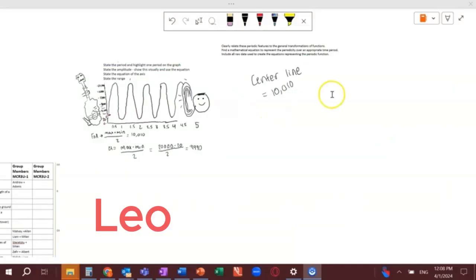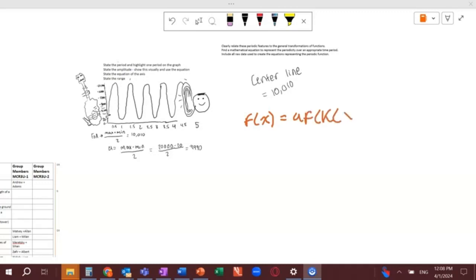Now we're going to start to solve for the equation of our periodic function. So first of all, we're going to start off with the equation f of x plus c. So now let's solve for our transformations that are unknown right now.